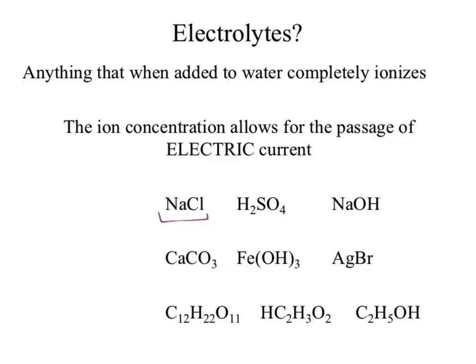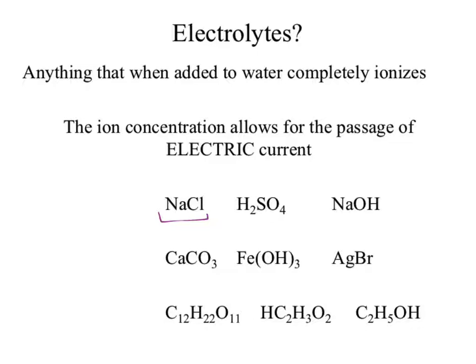How would we know it completely ionizes? One hint, what kind of bond is there between sodium and chloride? An ionic bond. In an ionic bond, would we think ions? Yes. For it to count as something that dissociates in water, completely ionizes, it must dissolve in water.